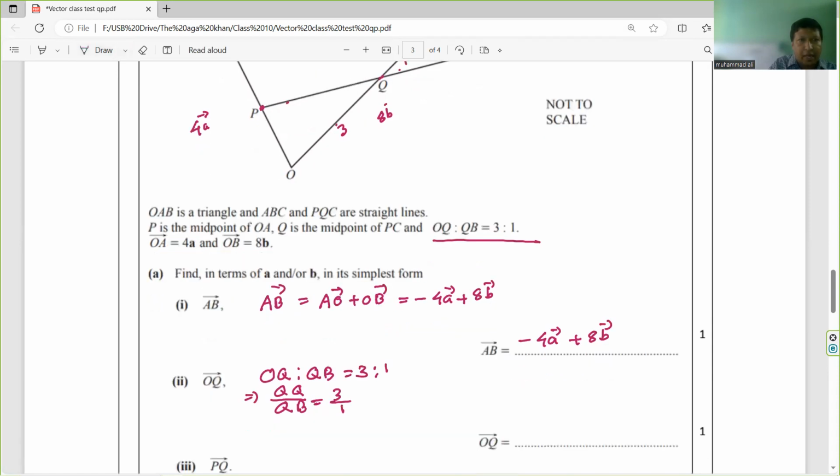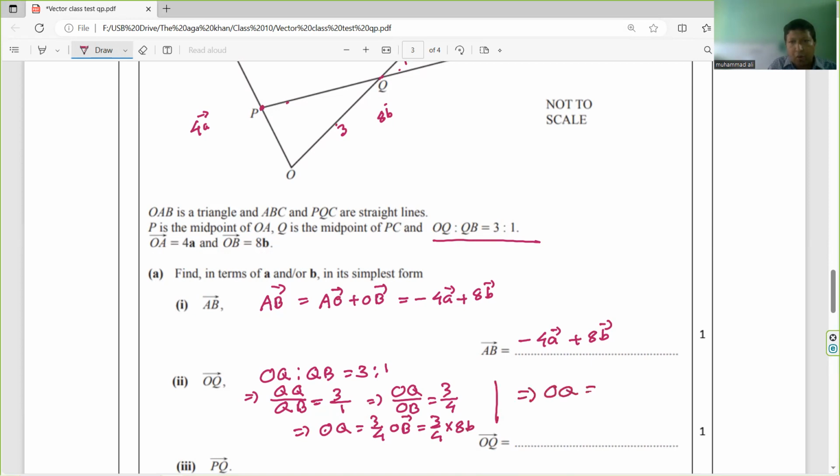So we also write OQ by OB equals 3/4. So OQ equals 3/4 of OB. So 3/4 OB, where OB equals 8B. So if we cancel, we'll get OQ equals 6B. So finally, OQ equals 6B vector.